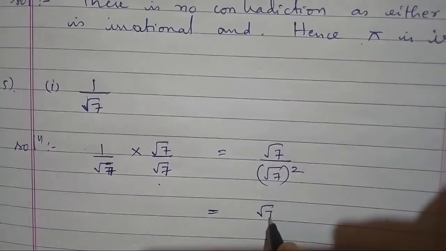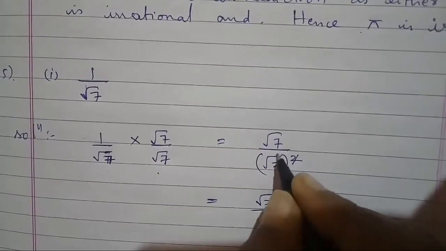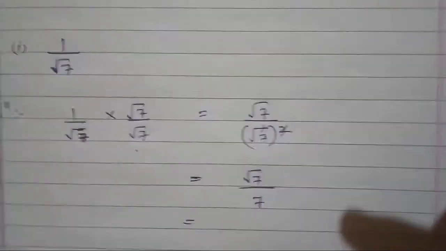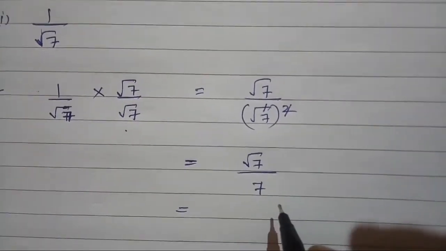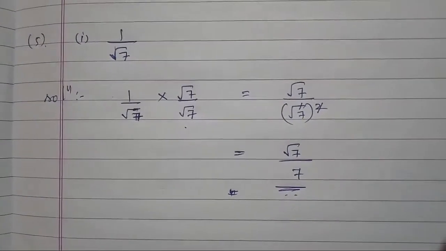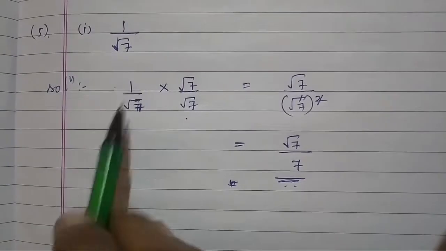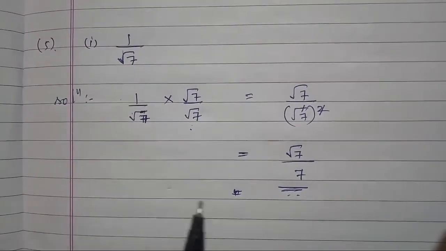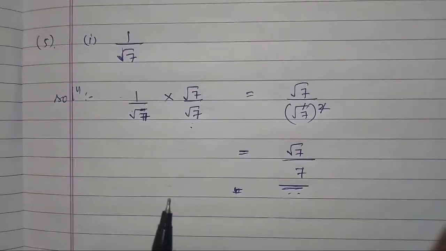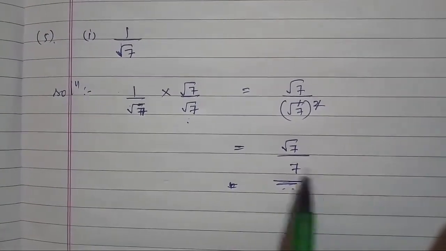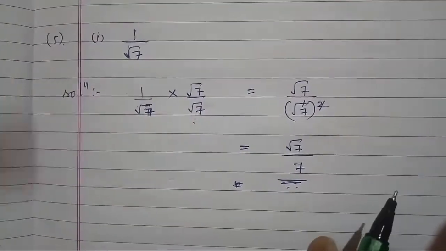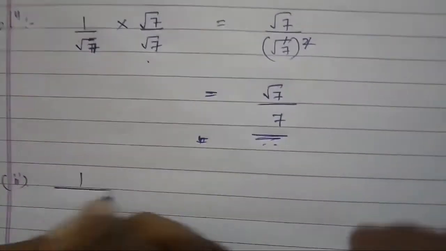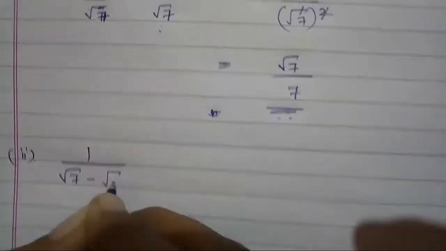That is root 7 divided by, here square and root get cancelled, we remain with 7. That's it. Or else you can multiply root 7 into 7, we will get root 49. We remain with root 49 means 7 square, square and root get cancelled, we arrive at this step itself. I had written directly. Second problem, 1 by root 7 minus root 6.